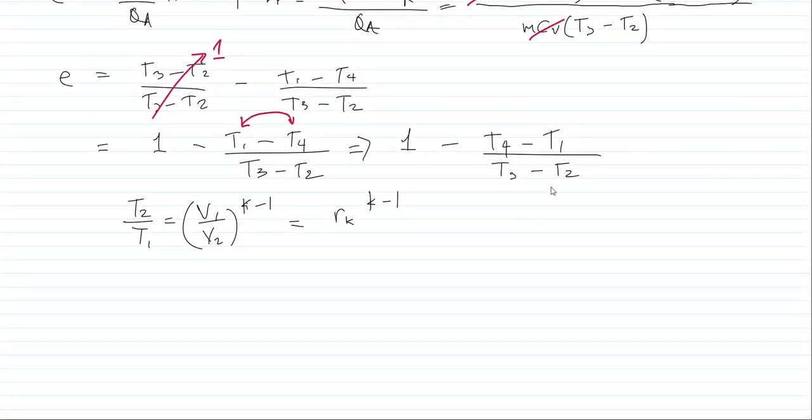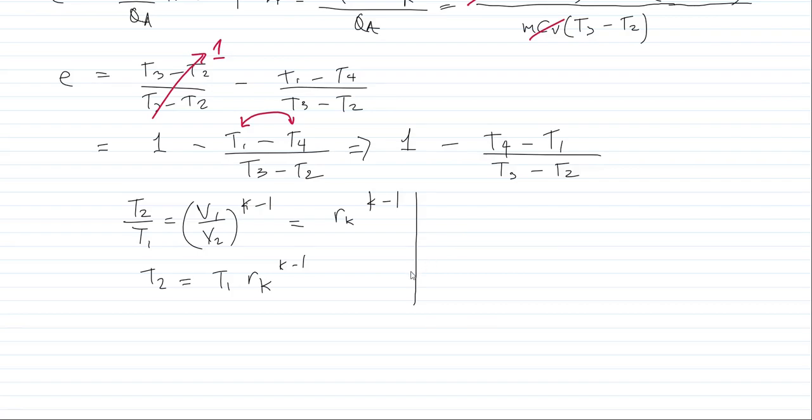So T sub 2 can be substituted by T sub 1 times R sub k raised to k minus 1. And then, how about your T sub 3?